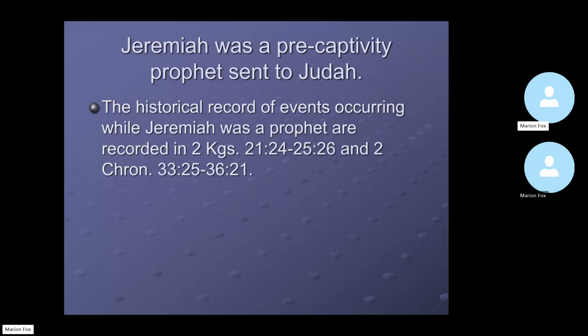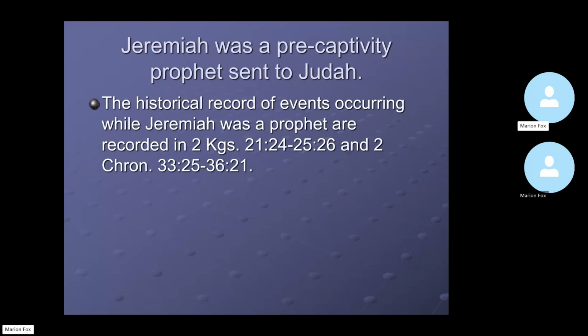Now, we're going to see some more about Jeremiah. He was a pre-captivity prophet sent to Judah, but he was right there at the time they went into captivity. He was still prophesying. The historical records of the events that occurred while Jeremiah was a prophet are recorded, and I give the references here: 2 Kings 21:24 through 25:26, 2 Chronicles 33:25 through 36:21.